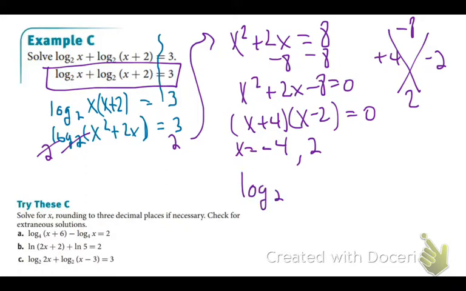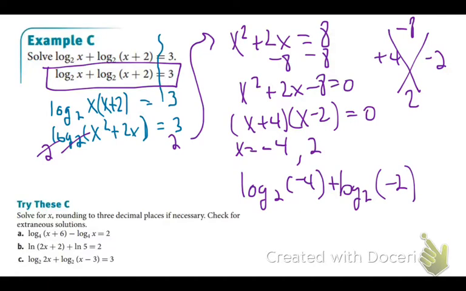Log base 2 of negative 4 plus log base 2 of negative 4 plus 2 would be negative 2. Okay? Can my x be a negative value in my log? No, right? Because of our asymptote, we cannot have negative values. So what does that tell you about your negative 4? It's wrong. It is an extraneous solution.